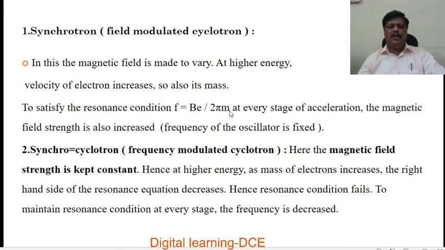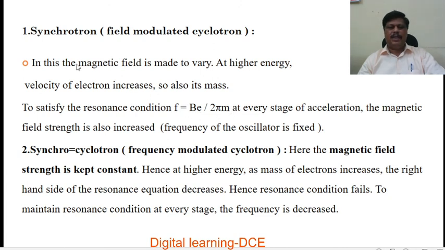So here two parameters can be varied. Either the frequency is varied or the magnetic field is varied to compensate for the variation of the mass.